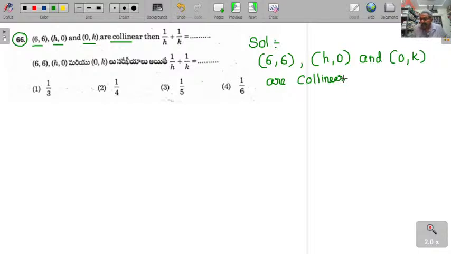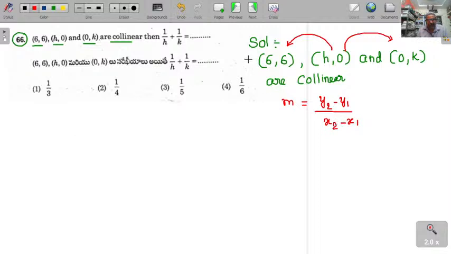As they are collinear, the slope of these two points is the same as the slope of the other two points. What is the slope formula? Slope is the difference of y coordinates taken in order divided by the difference of x coordinates taken in order: y2 minus y1 by x2 minus x1.